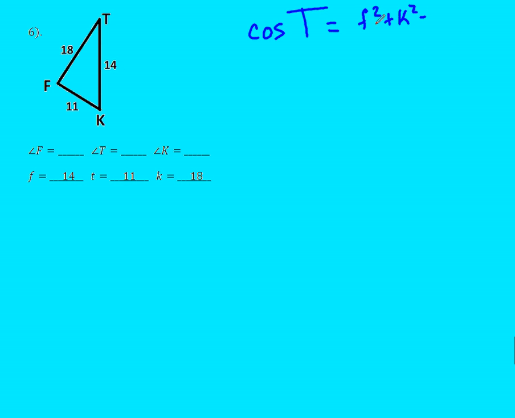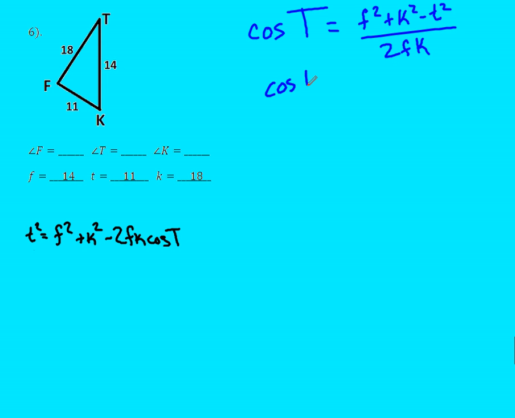F squared plus k squared minus t squared over 2fk. I was going a little bit too far trying to set up this formula. If you prefer doing it with that formula, go ahead and solve for cosine of t that way. I'll show you that way in a minute. We'll start here the way we got it with the blue.